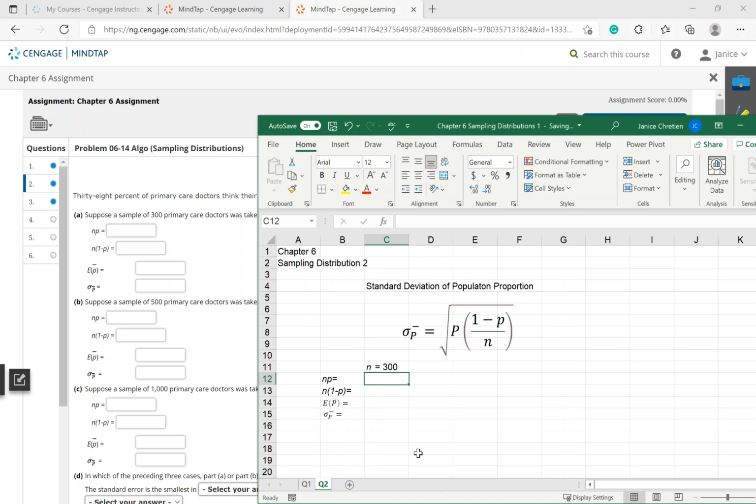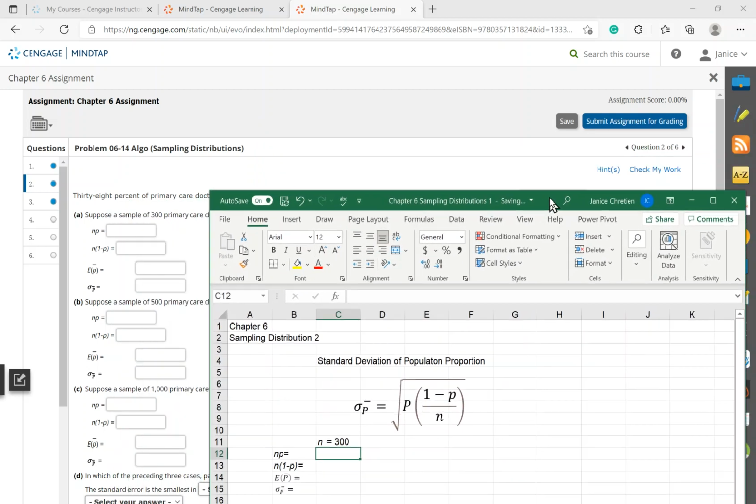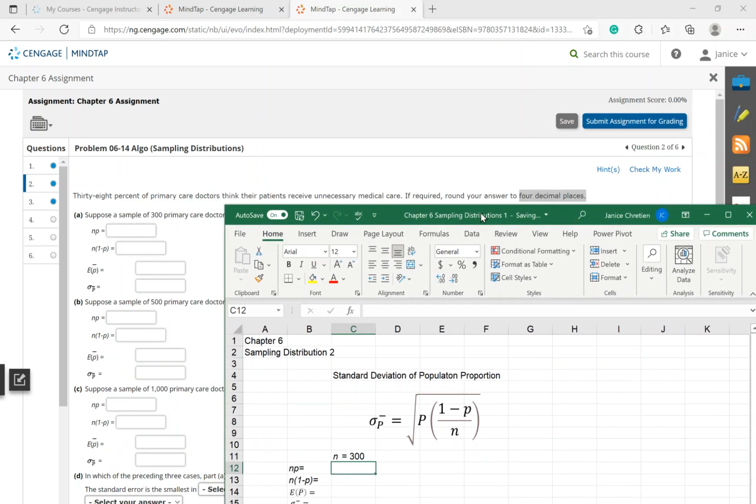Okay, well, this is easy to determine. We are told that 38% believe their patients receive unnecessary medical care. So my P in this case equals 0.38, which is my 38%.